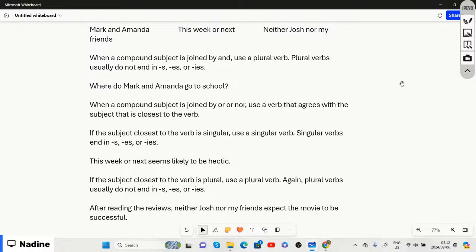All right, and when a compound subject is joined by or or nor, we use a verb that agrees with the subject that is closest to the verb.